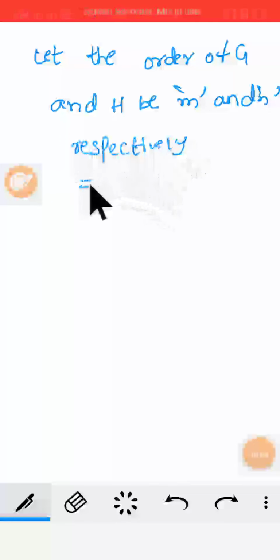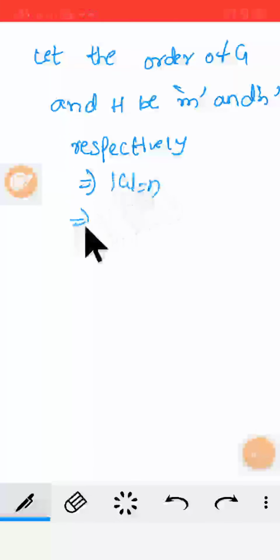Implies order of G equal to N, order of H equal to M. Here we suppose that order of G and H be N and M respectively.